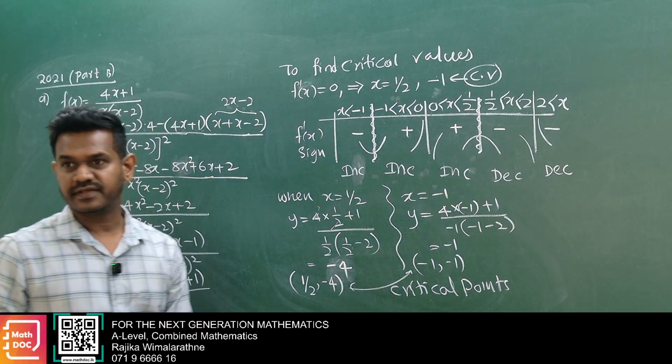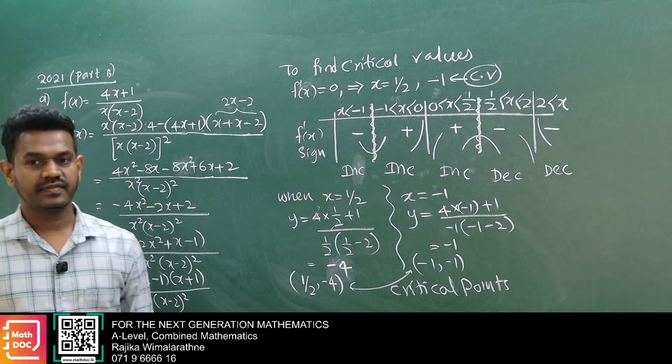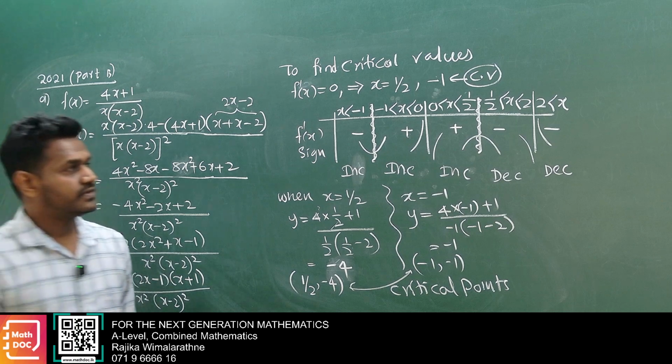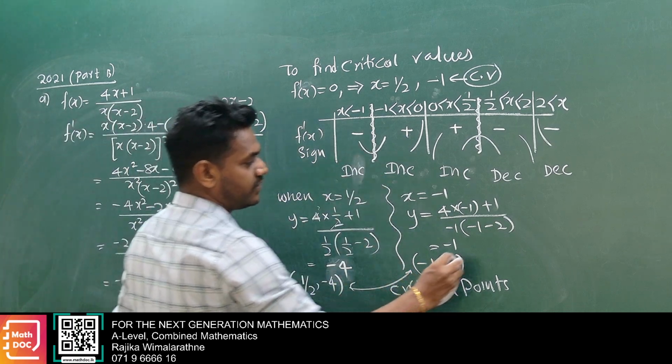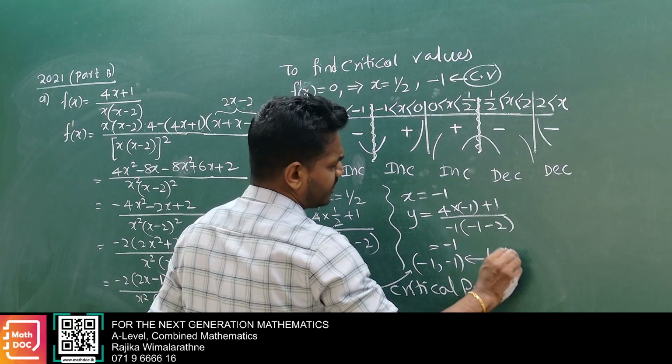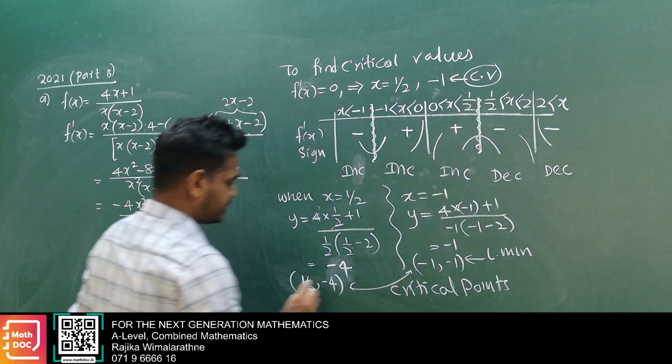These are the critical points. So at minus 1, a local minimum, and at half, a local maximum.